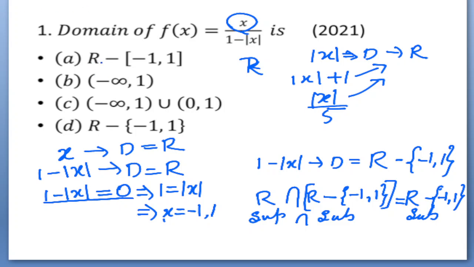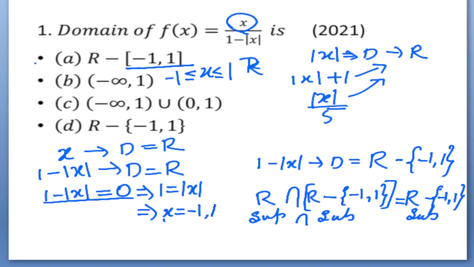See here in option A we have R minus closed interval minus 1 comma 1. What is the meaning of this closed interval minus 1 comma 1? X takes the values from minus 1 to plus 1, all real numbers from minus 1 to plus 1. But here what we are excluding is only two particular values, that is minus 1 and plus 1.